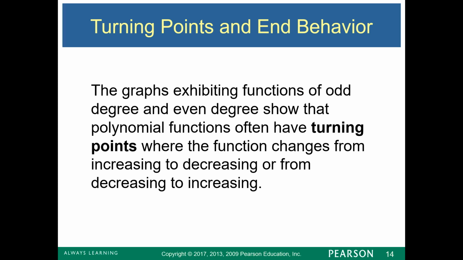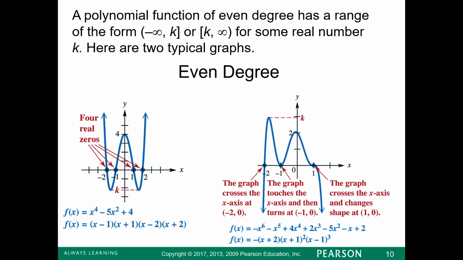Let me show you the example here. Look here. For this polynomial function, look at the left, okay? The first graph is the graph of the polynomial function f(x) equal to x to the power 4 minus 5x squared plus 4. Is that right? So what is the dominating term? x to the power 4. Make sense?